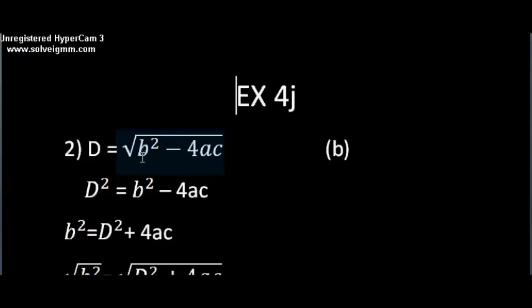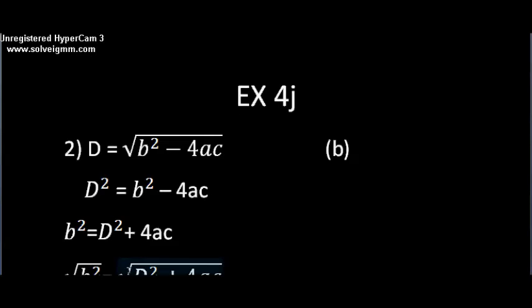In these types of questions, b is inside the square root symbol, so you have to remove this symbol first. For removing it, you will take the square of both sides. When you take the square, you can cancel out the square with the square root symbol. Then it will become b square minus 4ac equals d square.